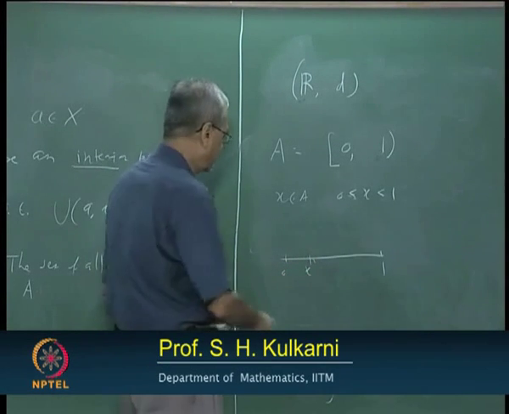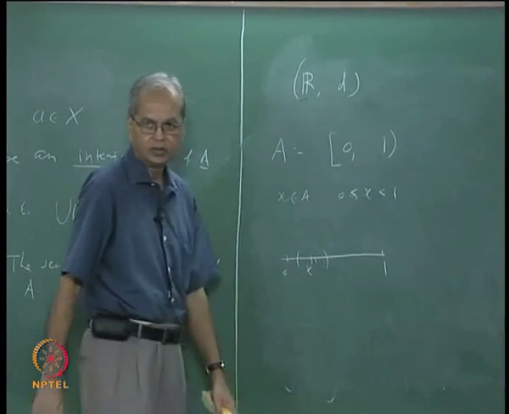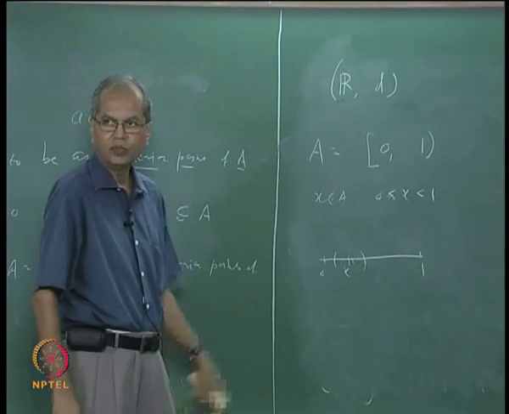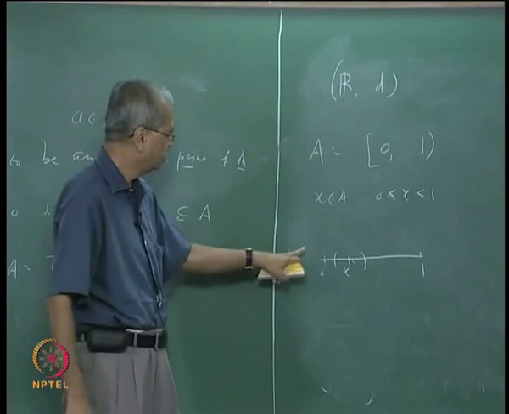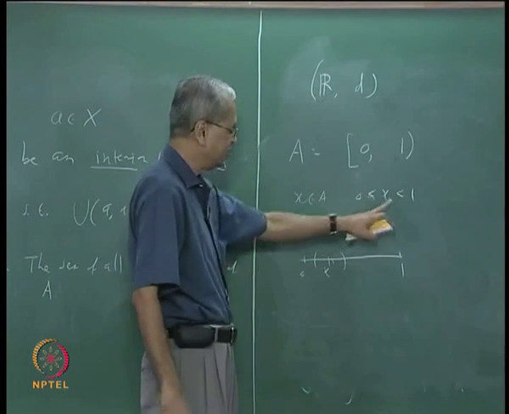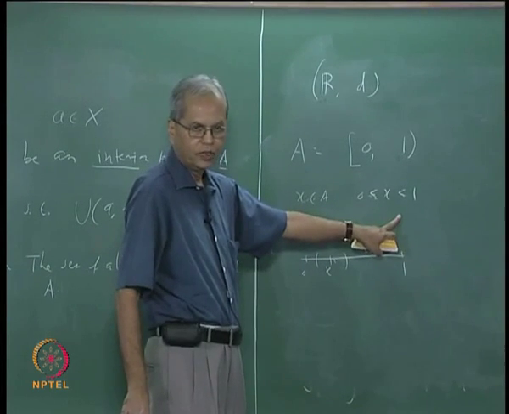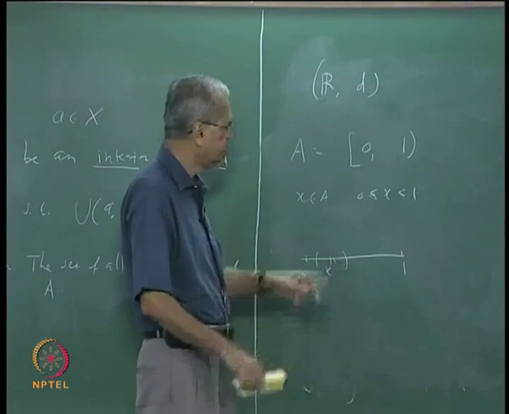Then for that r, the interval x minus r to x plus r lies completely inside A. So every such x for which 0 less than x less than 1 is an interior point.